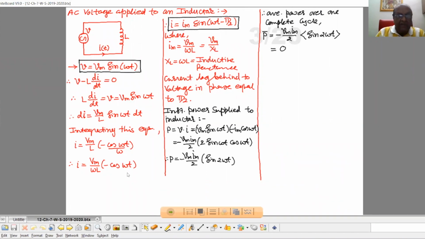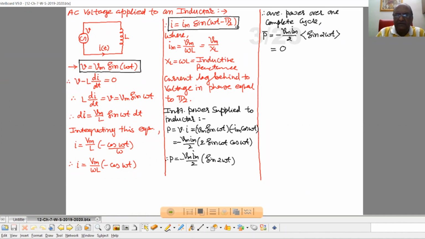But now write down the equation of current in terms of the sine function. We know that minus cos omega t can be replaced by sin of omega t minus pi by 2. So here I can be written as Im sin of omega t minus pi by 2.